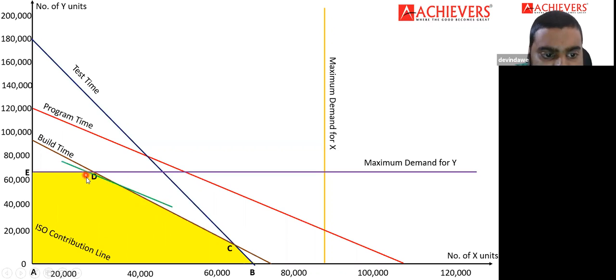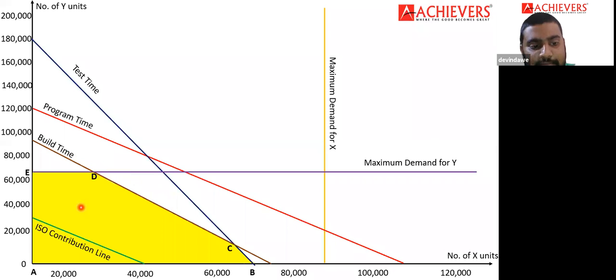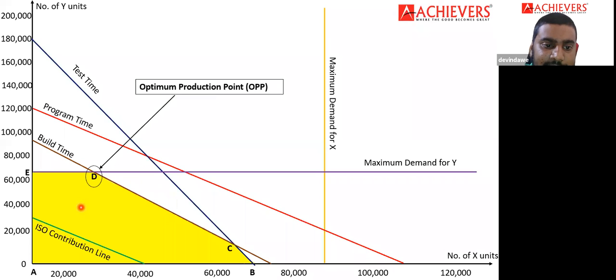And the final point that it is cutting is point D. Can you see that? Yes or no? Yes. So now what I want you to do. So basically, guys, if the final point that it is cutting is point D, then point D is your optimum production point. Clear? So now what I want you all to do is test it for yourself.